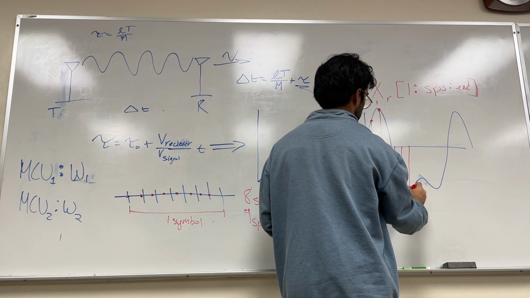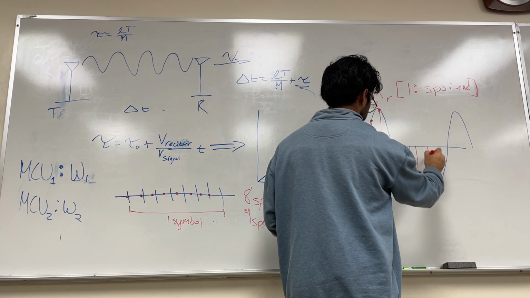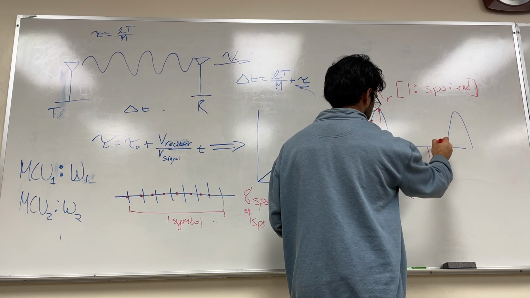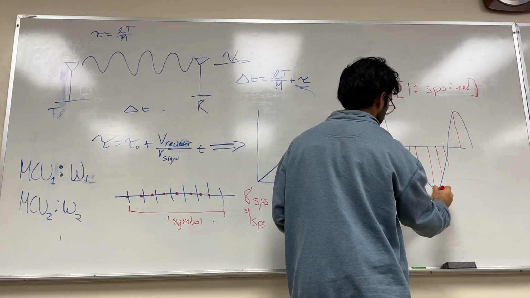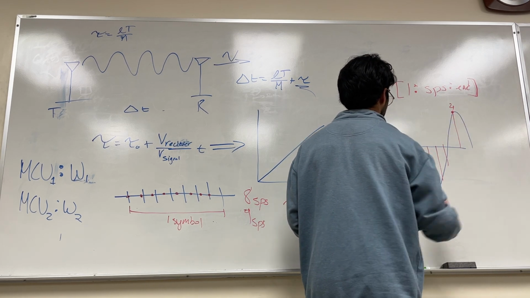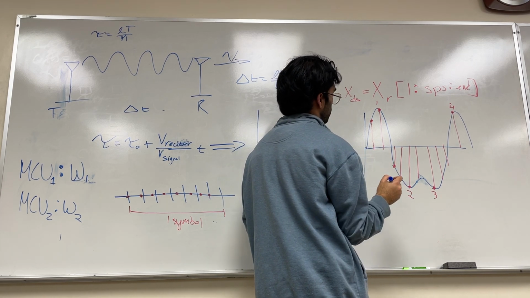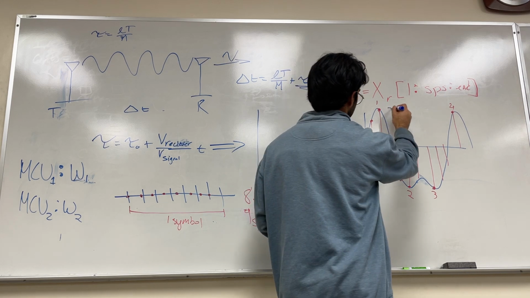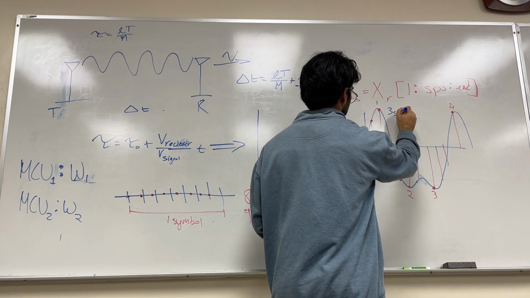And you've got the second. So this is 3 samples per symbol between 1 and 2.